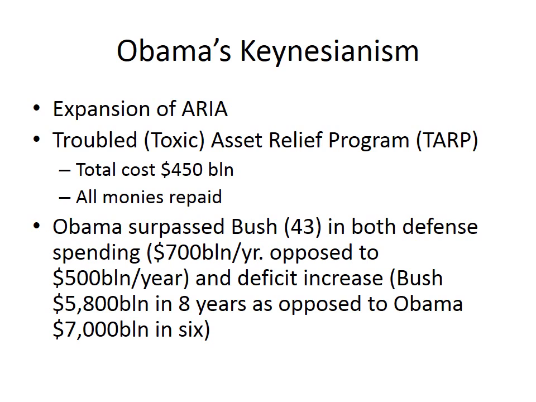I may just as well have mentioned it with Obama, and the same thing with this troubled or toxic asset relief program known as TARP. I could just as easily have mentioned that with Bush because it was really created in the cusp between Bush and Obama. It was a total cost of $450 billion. This is the famous bank bailout, and it should be.